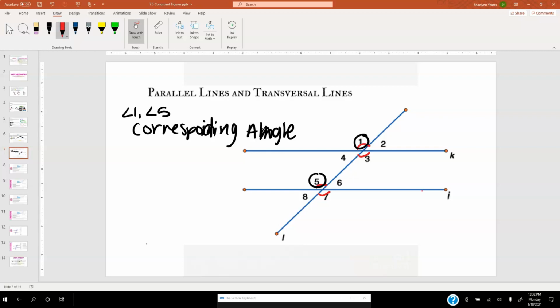We can say the same, and then we can say some other things. So we can say angle 3 and angle 5 are congruent because they are alternate, meaning opposite sides of the transversal, interior angles.